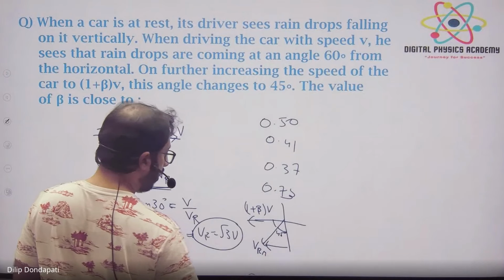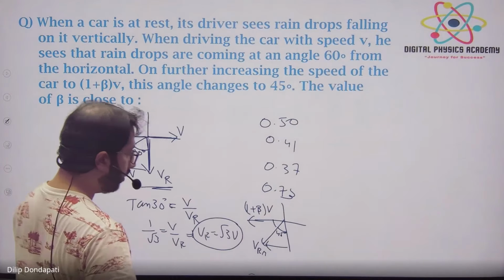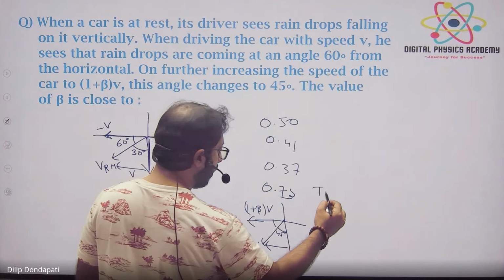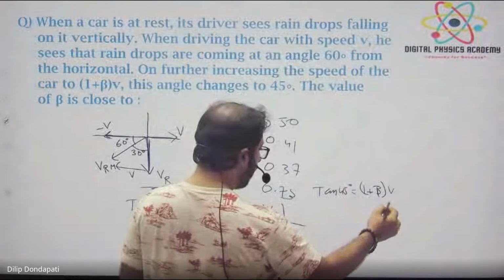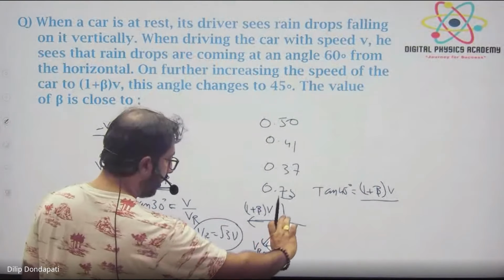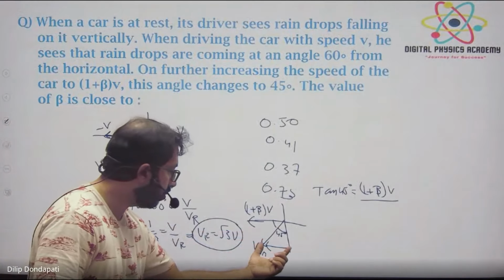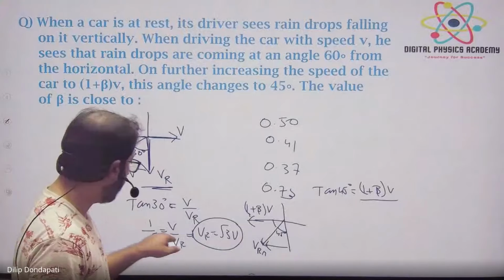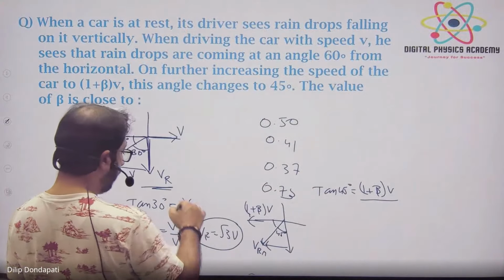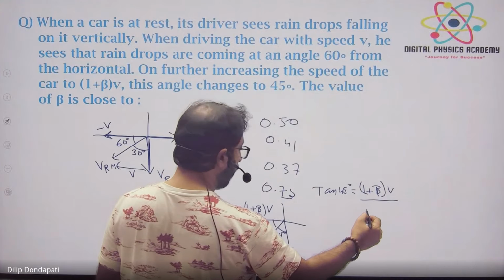Velocity of man, 0.73. Yes, correct. So here again, if I use tan theta, tan 45 is equal to opposite, which is 1 plus beta times v, by adjacent. Adjacent is nothing but VR. Sorry, my bad, the rain is falling vertically, right? So opposite is this one, and adjacent is VR, which is nothing but root 3 v.